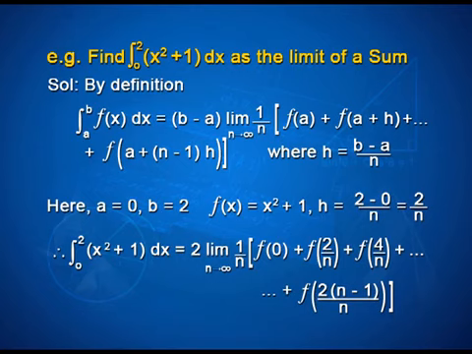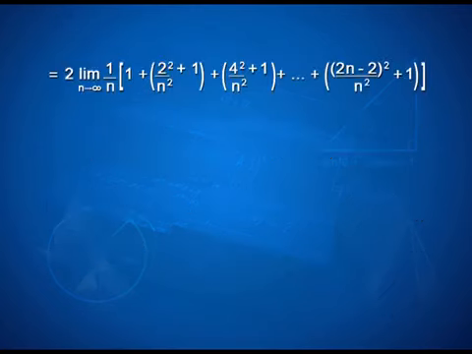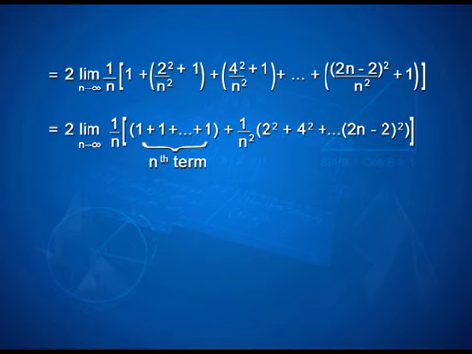That can be simplified as 2 into limit n tends to infinity of 1 upon n into [1 plus (2 square upon n square plus 1) plus (4 square upon n square plus 1) plus so on, plus ((2n minus 2) whole square upon n square plus 1)].